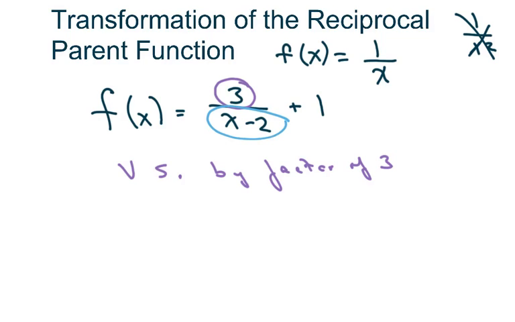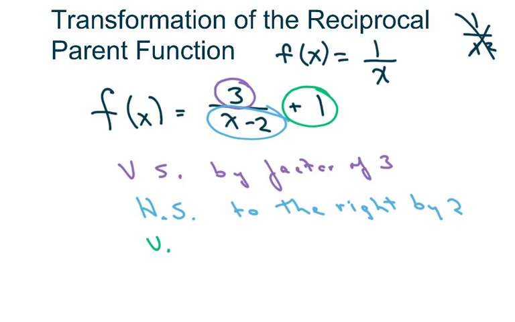This piece is your horizontal shift to the right by 2. And this piece is your vertical shift downwards by 1 unit.